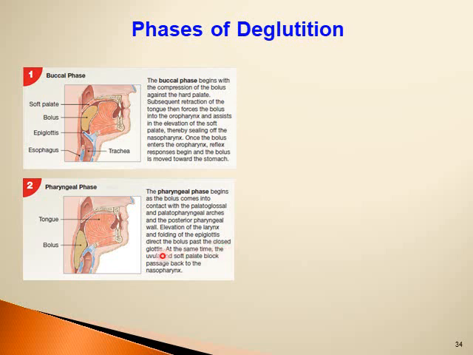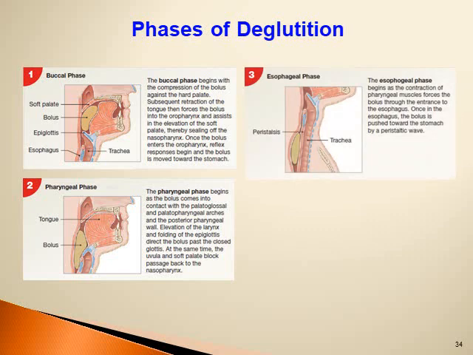So this will ensure that no food bolus will enter into the respiratory tract or the airways. At the same time, the uvula and soft palate block the passage back to the nasopharynx, and this also will ensure that no food will enter into the nasopharynx. So the airways are closed and the food bolus is secured to pass through the pharynx across the upper esophageal sphincter into the esophagus.